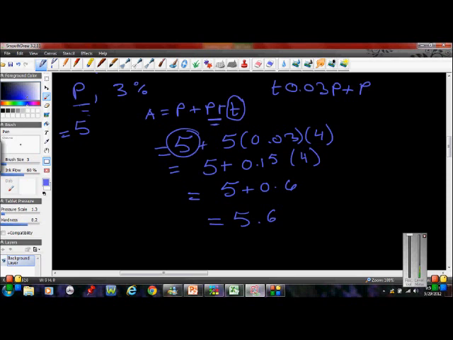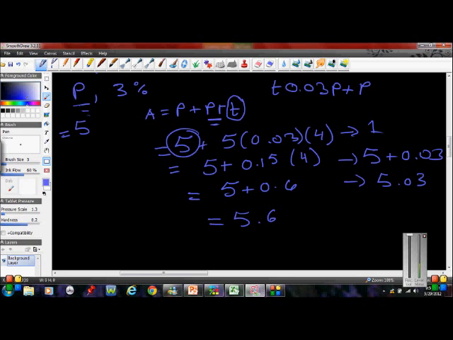In this case, what we just did was a kind of variation of an arithmetic sequence. Because if you took interest after 1 year, this 4 would become a 1, which would mean that at this step you would have 5 plus just 0.03, and then your final answer would be $5.03.